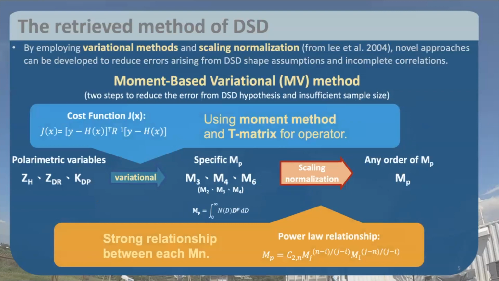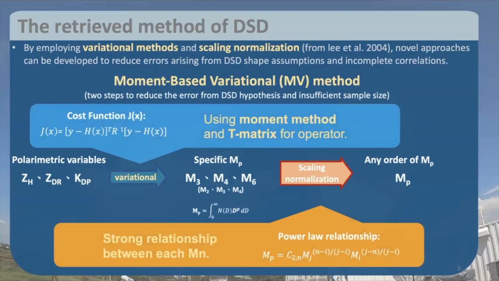In this method, we use two steps to reduce the error from the DSD hypothesis and the insufficient sample size. First, we calculate the specific moment from the polarimetric variables by the variational method, which uses the T-matrix as the operator.